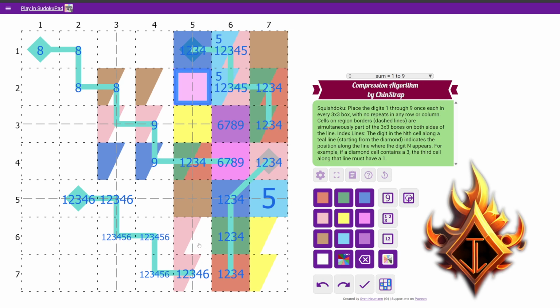So now I think that one has to be dark purple. This one has to be bright pink. Okay. Colors galore.